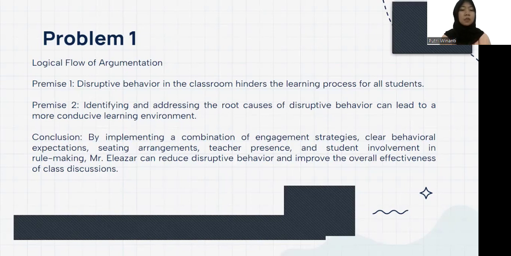So, by implementing a combination of engagement strategies, clear behavioral expectations, seating arrangements, teacher presence, and students' involvement in rulemaking, Mr. Eleazar can reduce disruptive behavior and improve the overall effectiveness of class discussions.